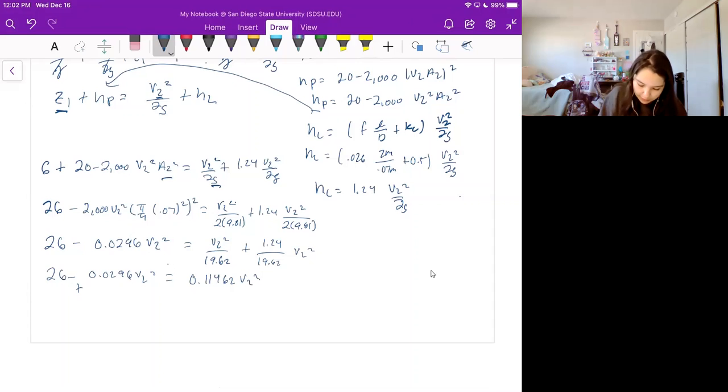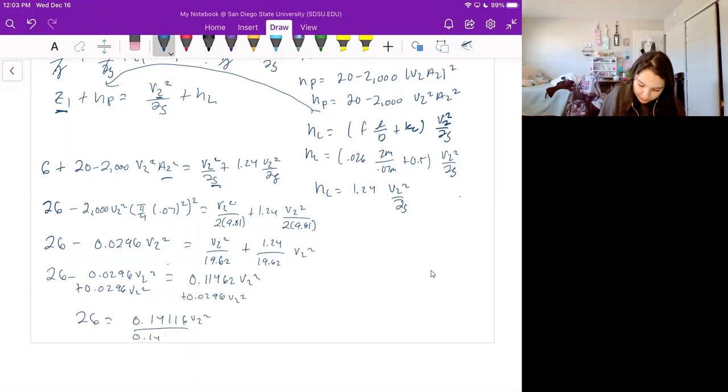From here we add 0.0296 V2 squared to both sides. So you end up with 26 is equal to 0.14116 V2 squared.